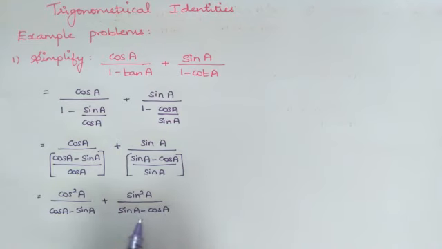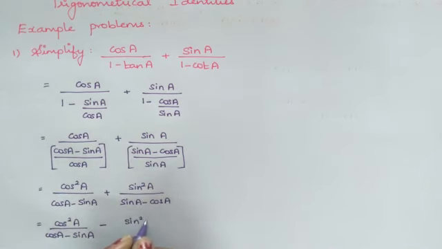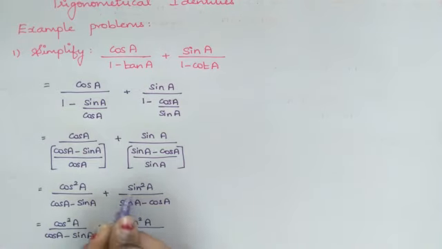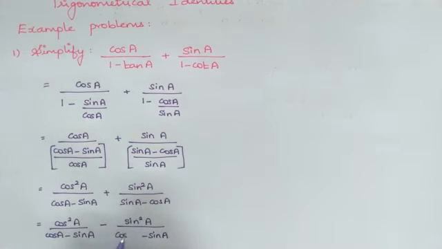That is, minus cos A becomes plus cos A, plus sin A becomes minus sin A. So this becomes cos square A by cos A minus sin A. From this denominator we remove the negative sign outside, so plus into minus, minus sine square A by, now plus sine A becomes minus sine A and minus cos A becomes plus cos A, so let's write it in the first.